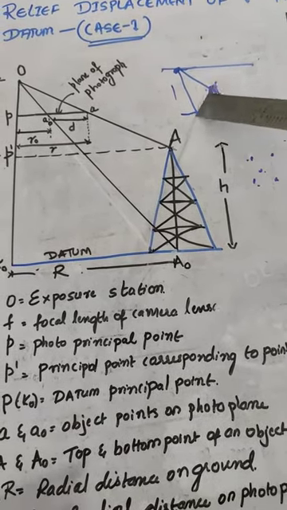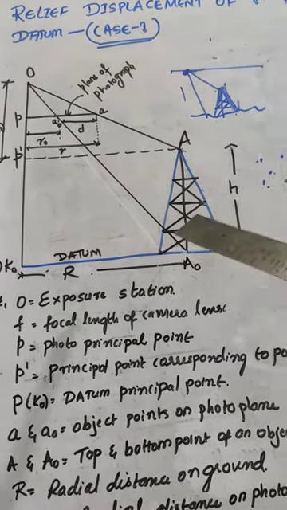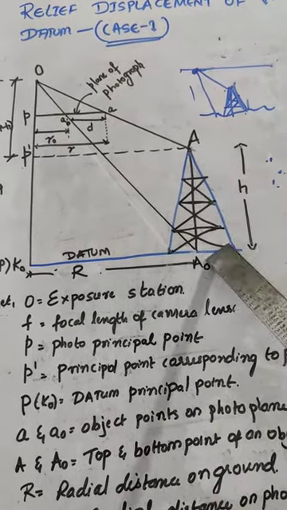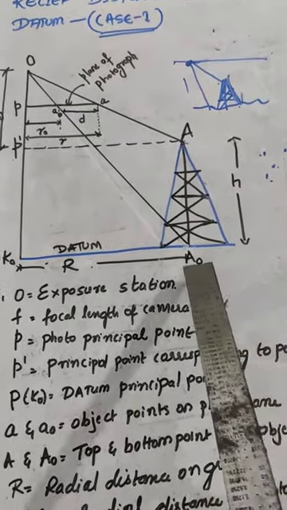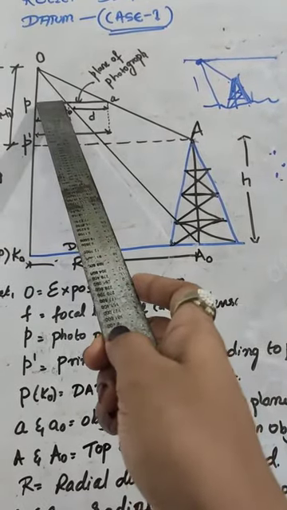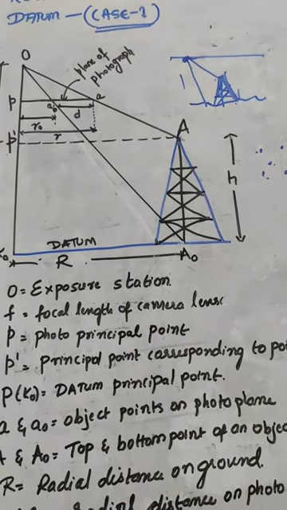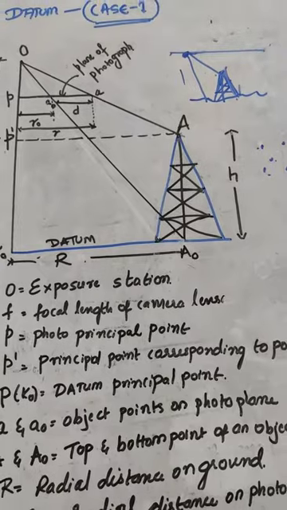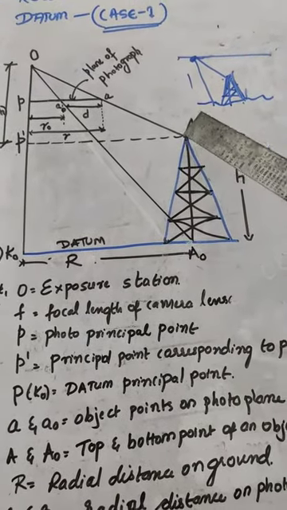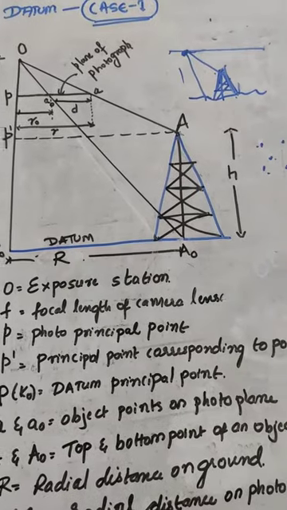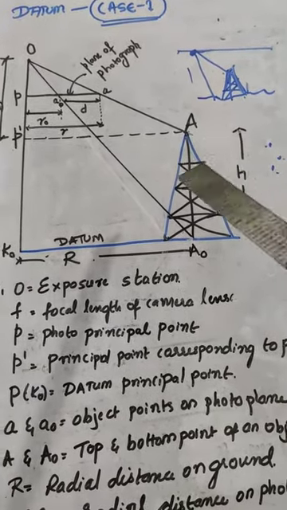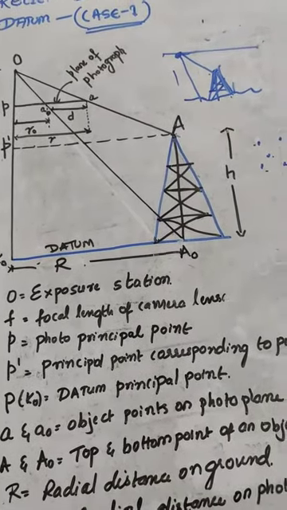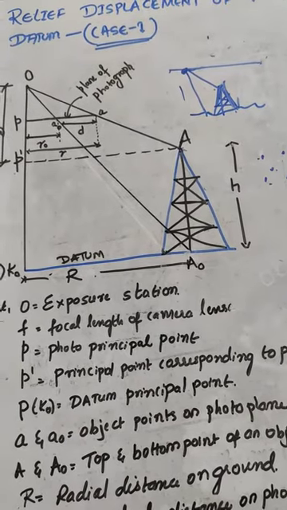You can see that this side is being represented in the photo plane, both bottom as well as top. The bottom, capital A0, is represented on the photo plane as small a0, and the top, capital A, is represented as small a in the photo plane. This is a displacement of points on the photo plane due to the presence of that elevation. This is the meaning of relief displacement.